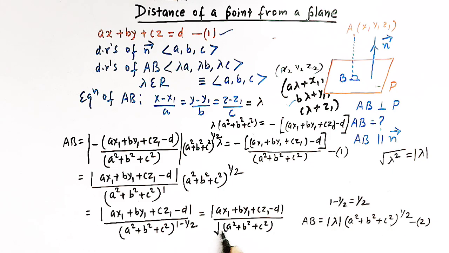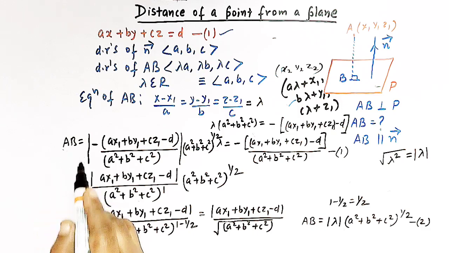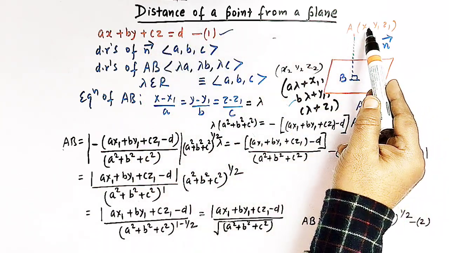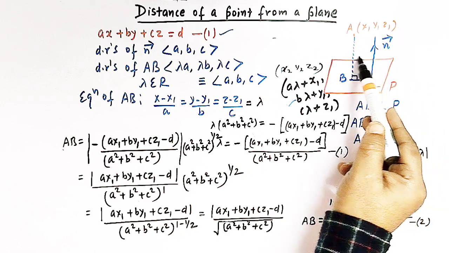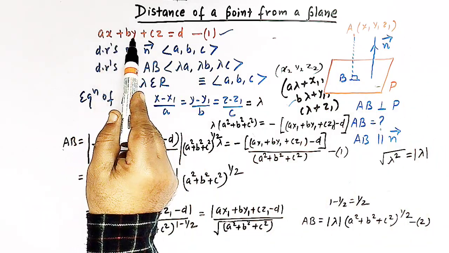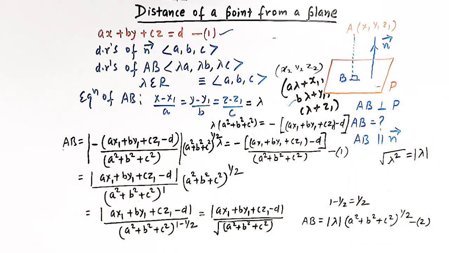So we can now write here the radical sign, that is the square root, right? So this is the required formula for the perpendicular distance of a point x1, y1, z1 from this plane P, whose equation is ax plus by plus cz is equal to d.